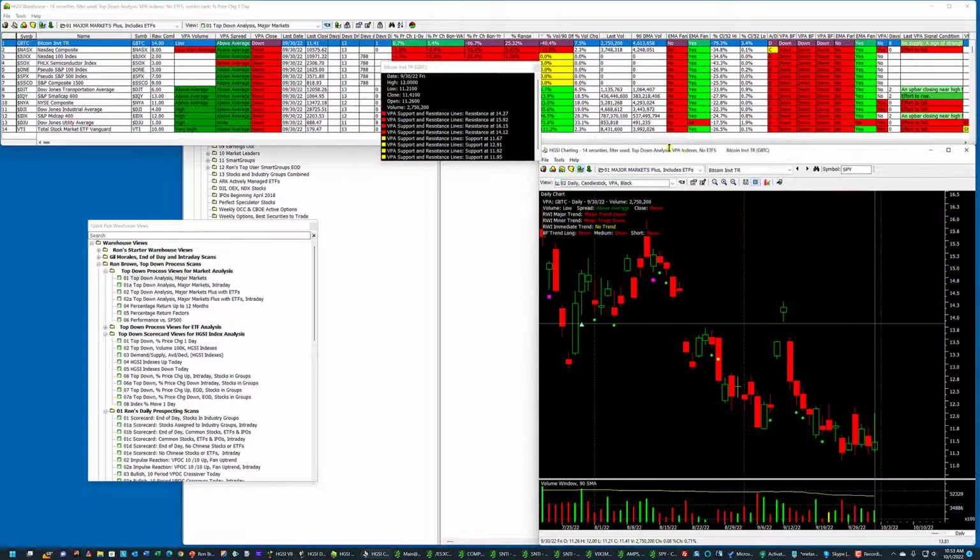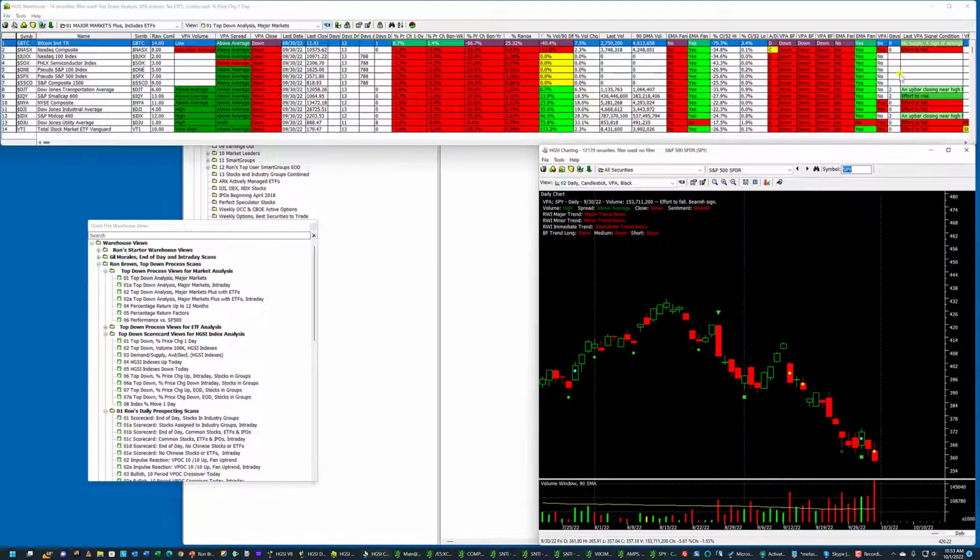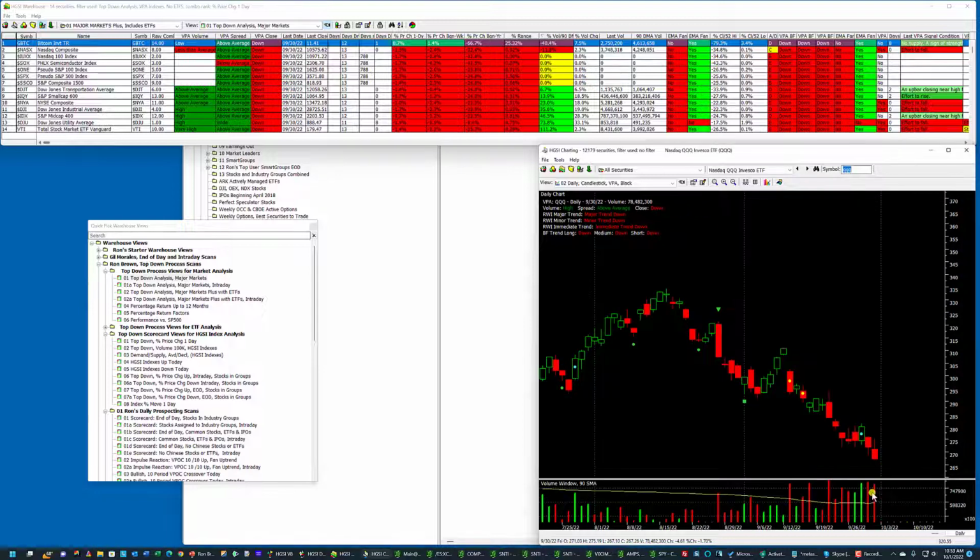Let's get a daily chart black here, and I just want to put the SPY in here and show you that the SPY volume was very heavy yesterday. And also the QQQ was heavy also. It wasn't as heavy as the day before, but you can see there's a lot of selling in those two proxies for both the S&P 500 and also the NASDAQ 100.